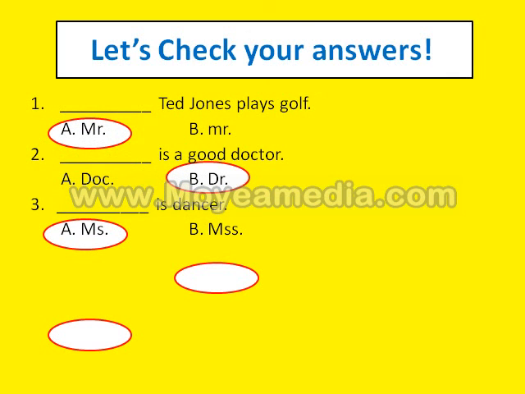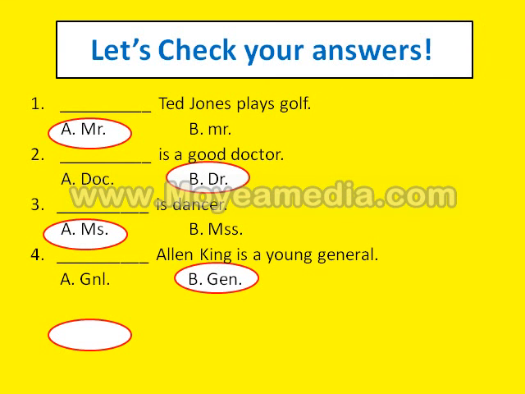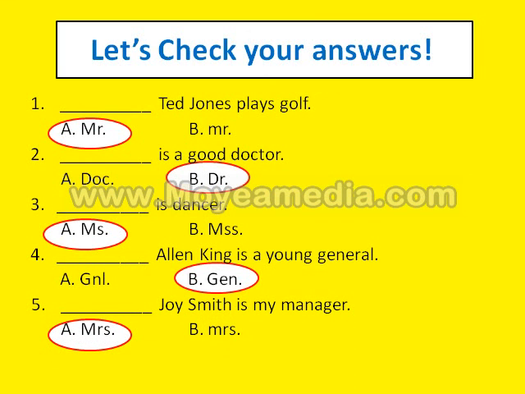Number 3, blank is a good dancer. If your answer is A, you're excellent. Number 4, blank Allen King is a young general. If your answer is B, you're awesome. And number 5, blank Joy Smith is my manager. If your answer is A, wonderful. Good job, girls.